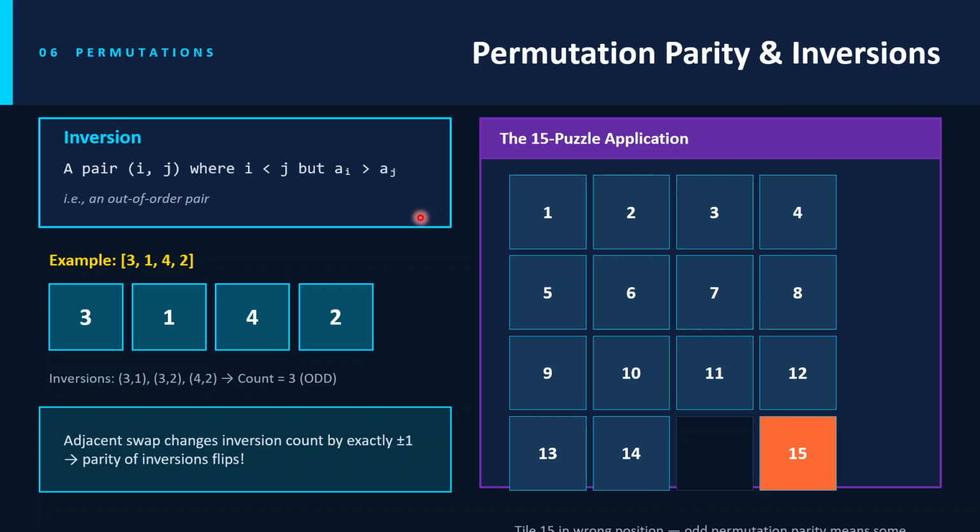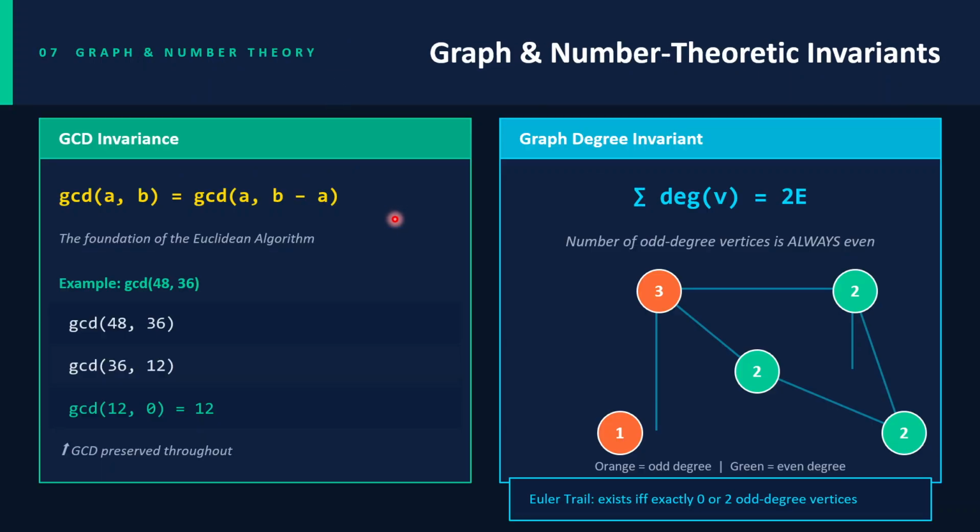This is called an inversion because it's completely inverted: i is less than j, but ai is greater than aj. An adjacent swap changes the inversion count by exactly plus or minus one. The parity of inversions flips. That's it. This is just a standard puzzle. We'll cover it tomorrow in the problem section.